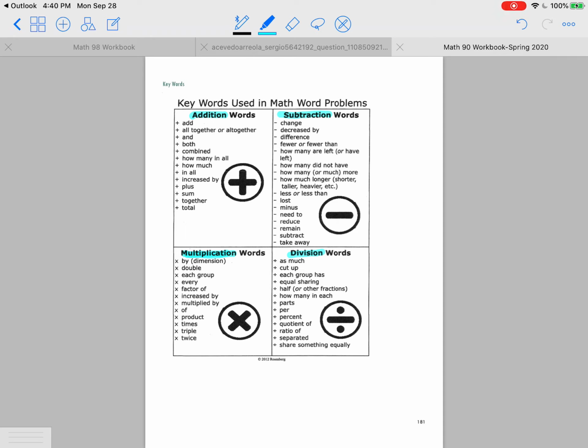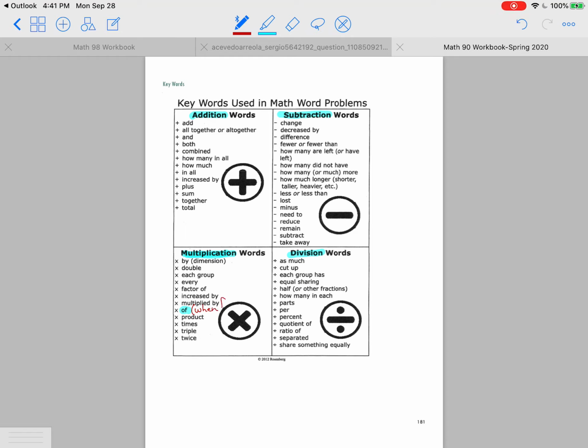Is this on here? Let's see. Okay, yeah. Okay, so it's not quite what I wanted to show you, but of does mean multiply, but it's not clear on here.